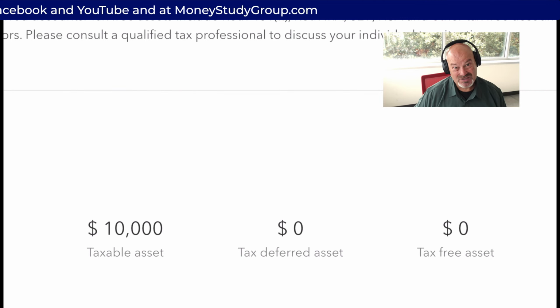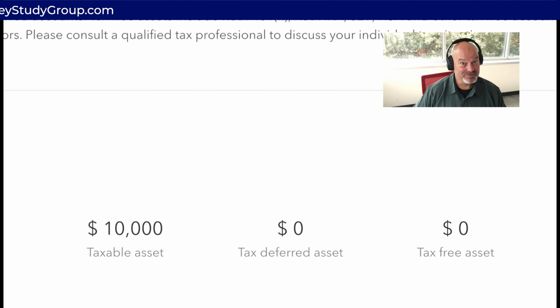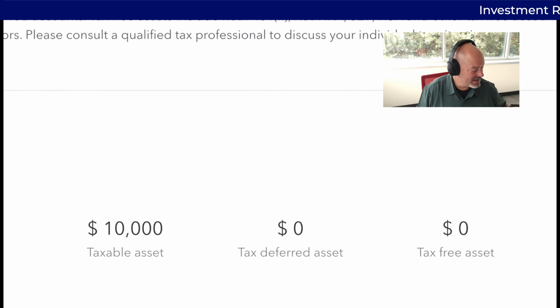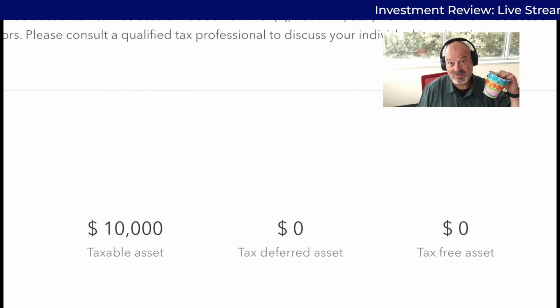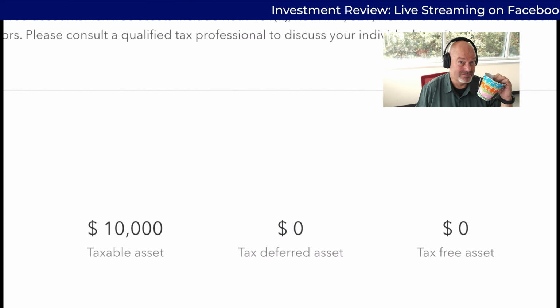So you see the problem there? I probably want to learn how to live on $50,000 a year, because if I can live on $50,000 a year from my IRA, I'm only going to have to pay taxes on $50,000.